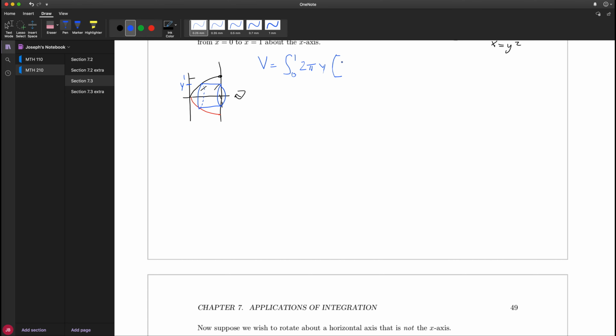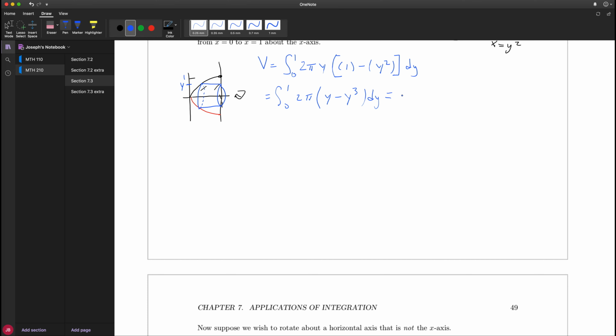That's your upper minus your lower, which is formed by x equals y squared. This one's a little trickier to see, but if you just put y squared as the height, that would only give you this length here. But we want 1 minus y squared. 1 is the upper, farther to the right, minus the lower, which is farther to the left. Distributing, we get the integral from 0 to 1 of 2 pi times y minus y cubed.